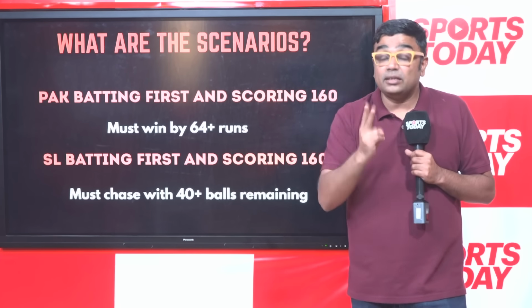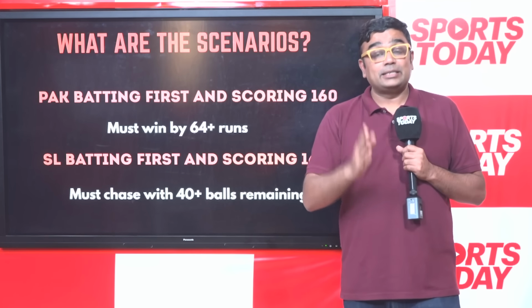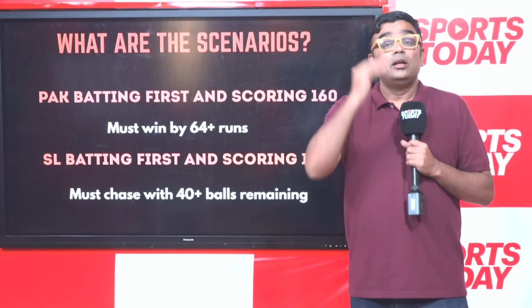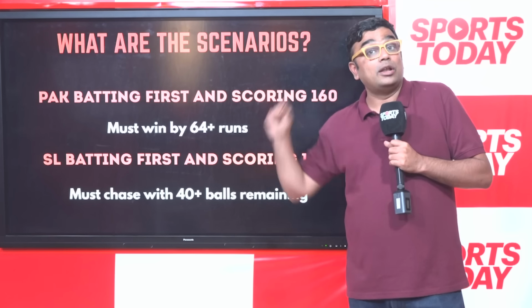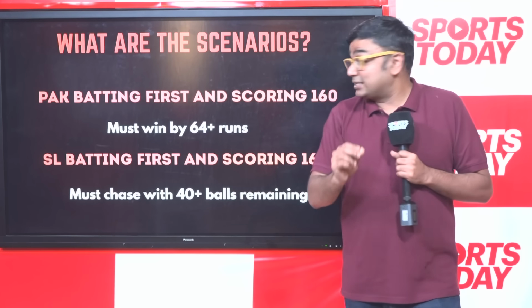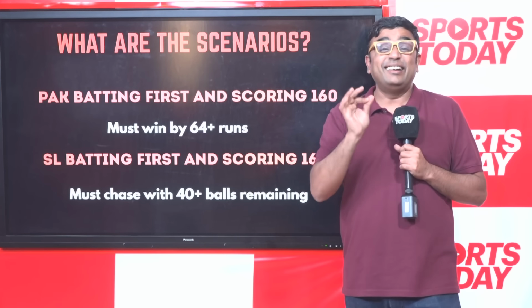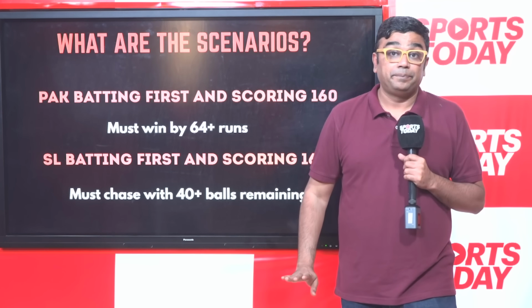So, scenario number 1, Pakistan bat first, they make 160, target is 161, Sri Lanka must be bundled out for 96 or less. If Pakistan are batting second, they have to chase the total down in 13.2 overs, 6.4 overs to spare.